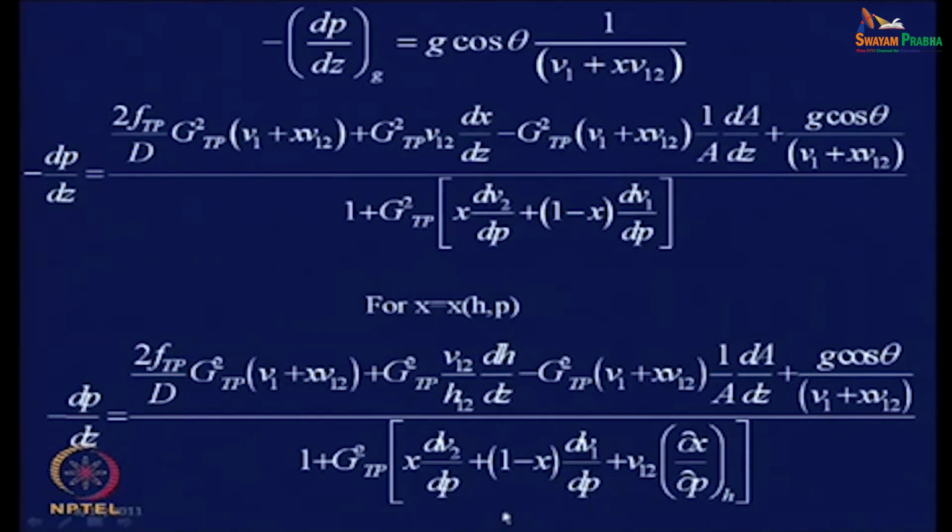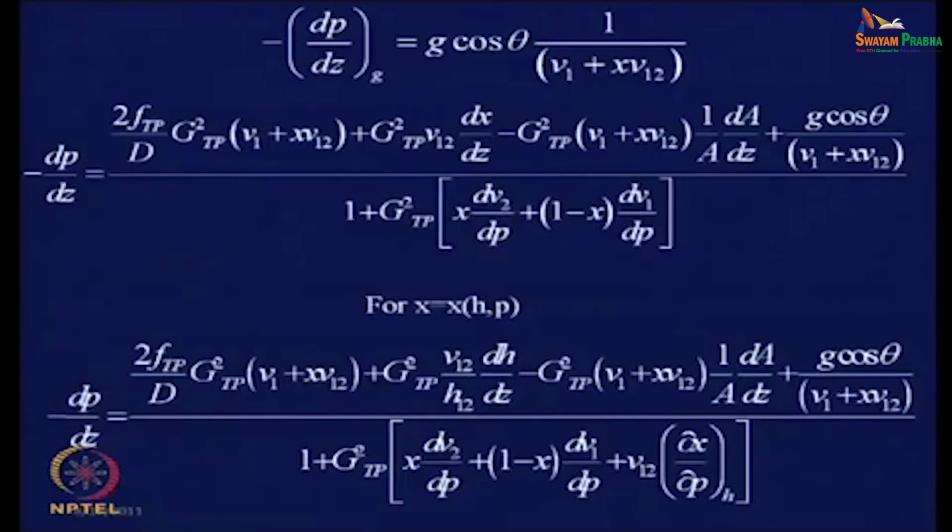Now, in this particular respect I would also like to mention that we have defined this on the basis that quality is a function of enthalpy and pressure. It is not a function of anything else. Okay. But remember one thing, suppose the kinetic energy effects are also quite pronounced.